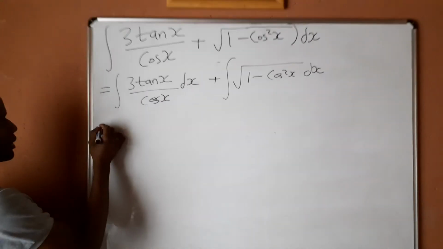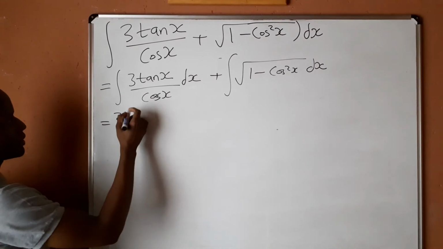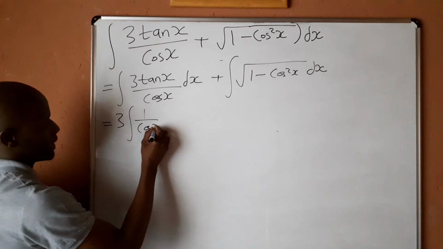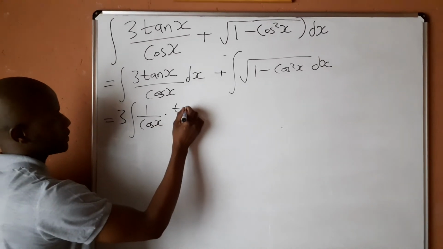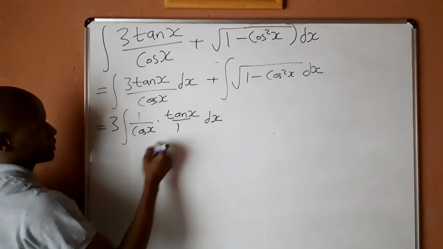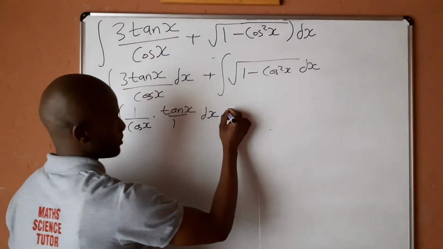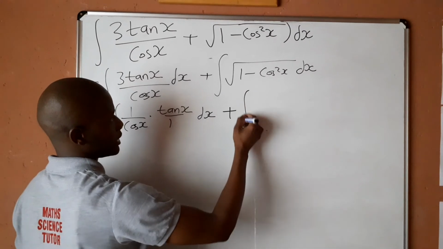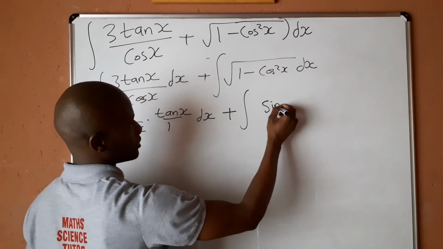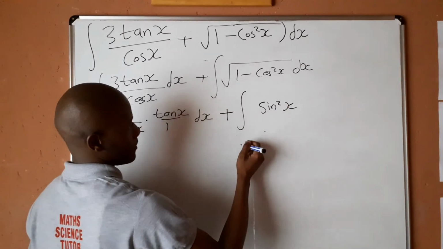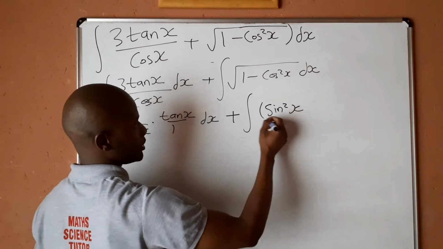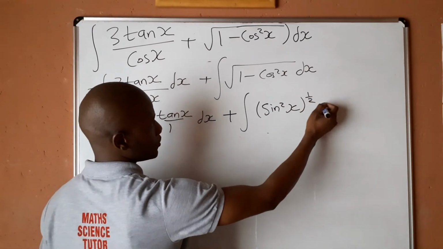So we take out 3 as a common factor, it is 3 integral of 1 over cos x multiplied by tan x dx, plus the integral of 1 minus cos squared x, which is the same as sine squared x. When we remove the square root, it will be to the power 1 over 2 dx.